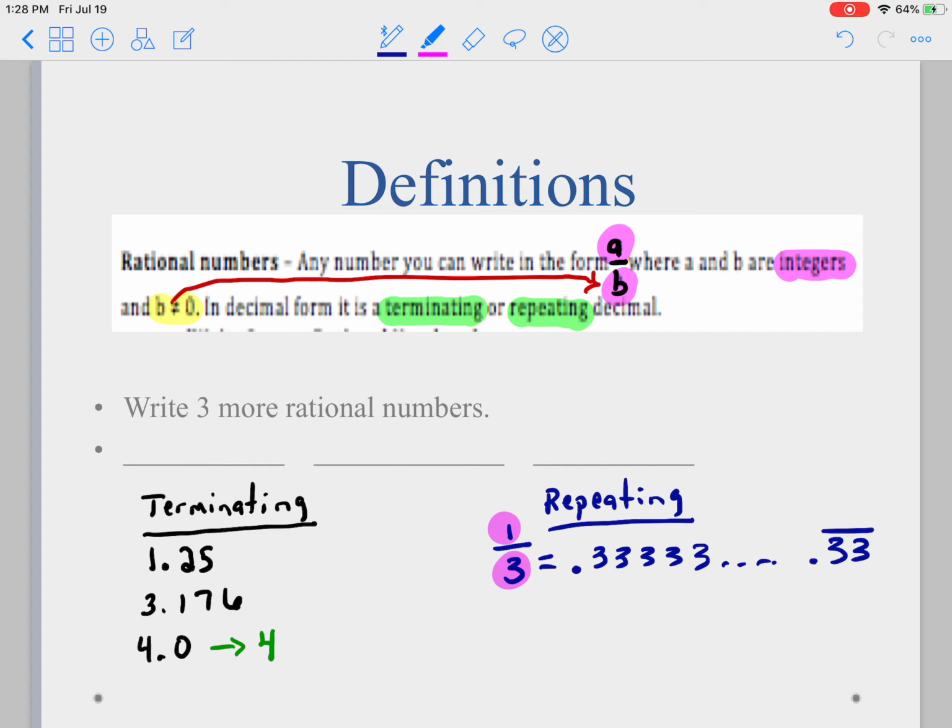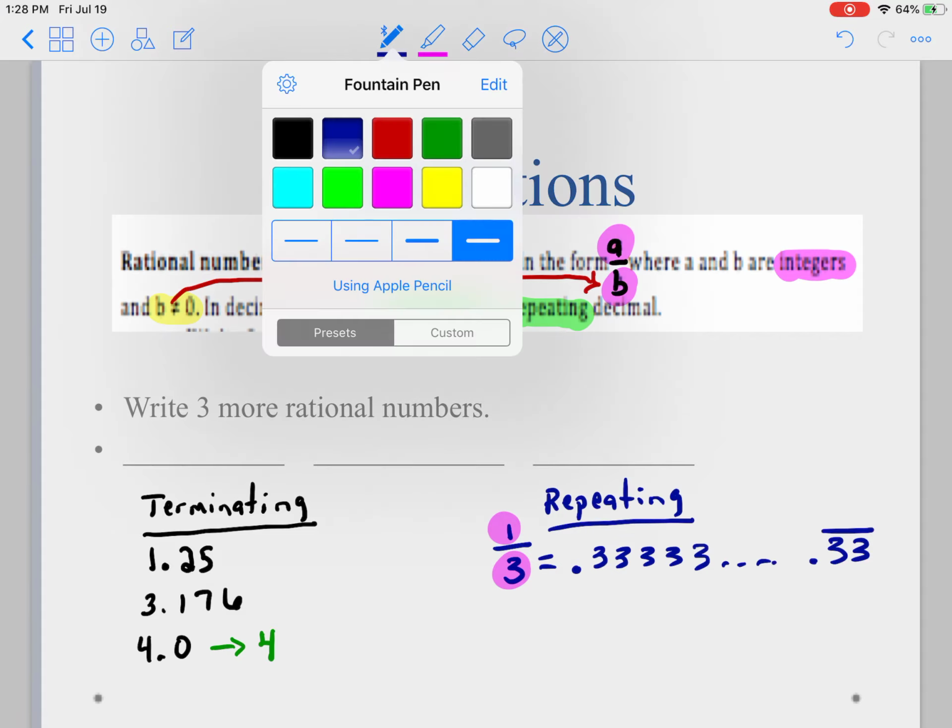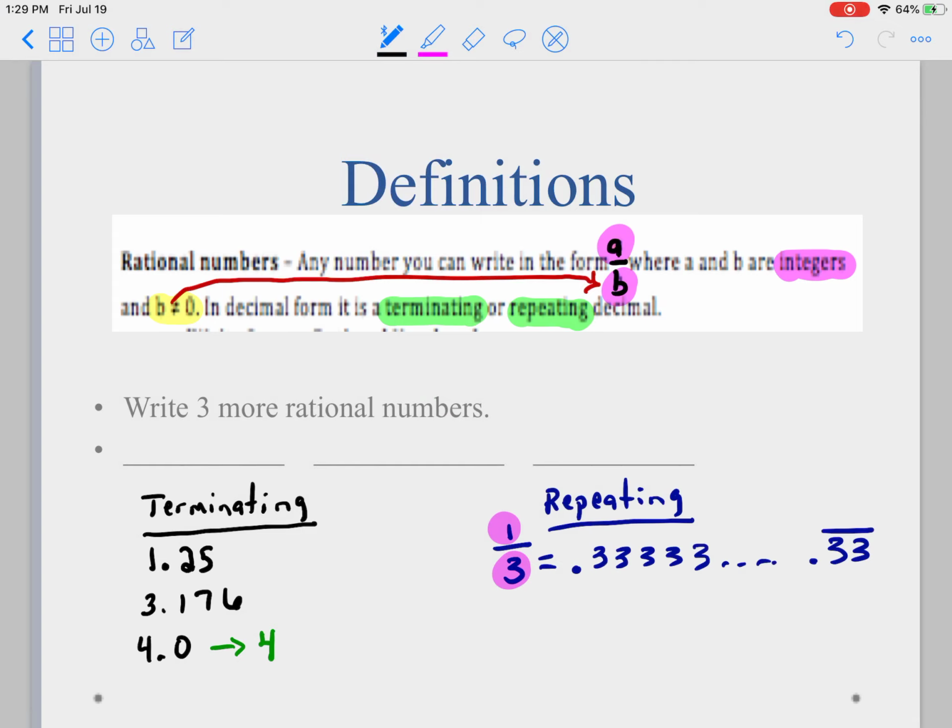So if we were to write 3 more rational numbers, go ahead and hit pause, write 3 on your own. And I will write 3. I'll begin with writing one that would be considered a terminating decimal. So a terminating decimal, we'll just say 5.735.